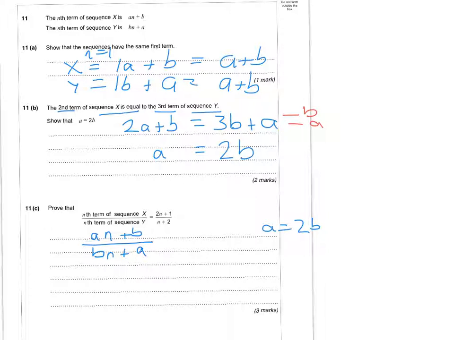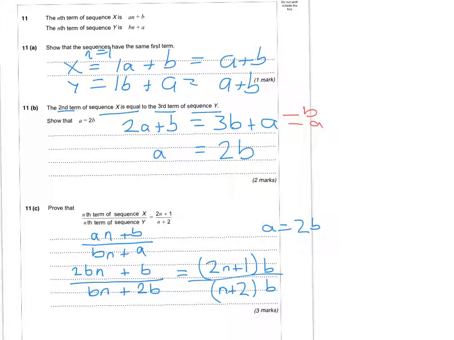So we've got 2bn plus b over bn plus 2b. b is a common factor on the top and the bottom, so we get 2n plus 1 all times by b, and we get n plus 2 all times by b. b is a common factor, so it cancels out, which is equal to 2n plus 1 over n plus 2, as we wanted.